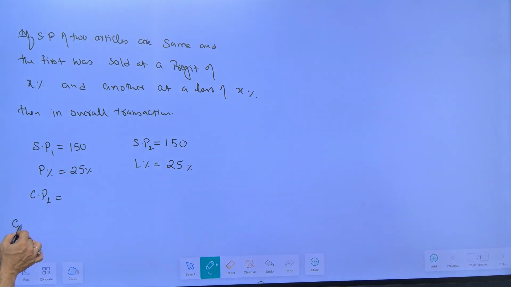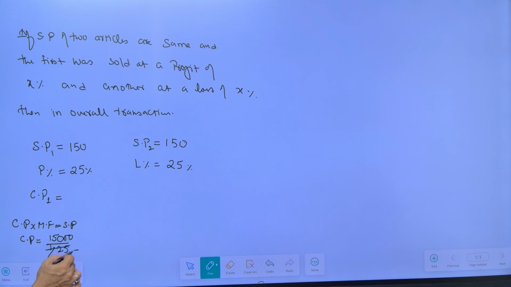See, I told you formula: cost price into multiplying factor is equal to selling price. Find out cost price. So cost price is selling price upon multiplying factor. Selling price is 150 and multiplying factor in this case is 1.25, right? 25% profit. Remove decimal, two zeros. 25 fives are 125, 25 sixes are 150, so 120.